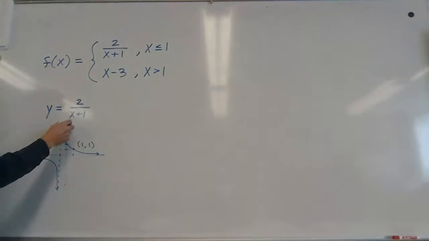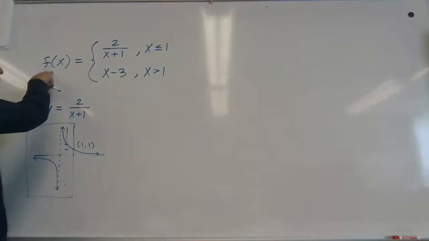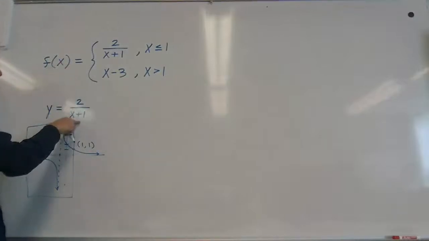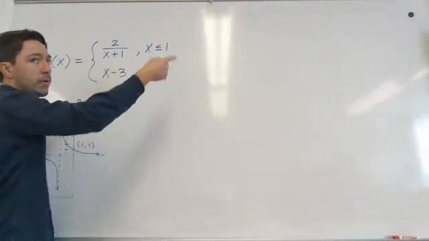To the left. So I'm going to grab all of this. Do we have questions? Okay. And again, I'm only grabbing this part because my function f only follows this rule when my x values are to the left of 1 or at 1.